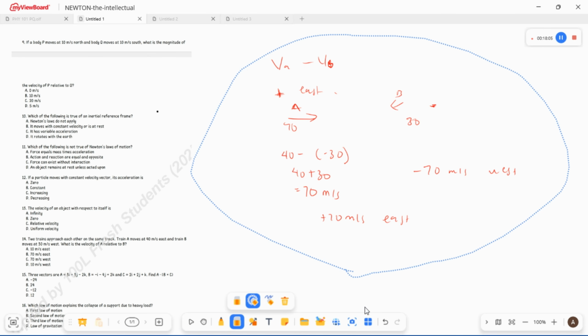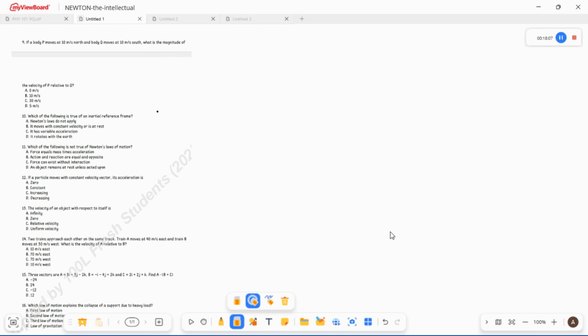So we have question 15 now. Question 15 says three vectors are given. A is equal to 3i plus 3j minus 2k, and B is equal to minus i minus 4j plus 2k, and C is equal to 2i plus 2j plus k.